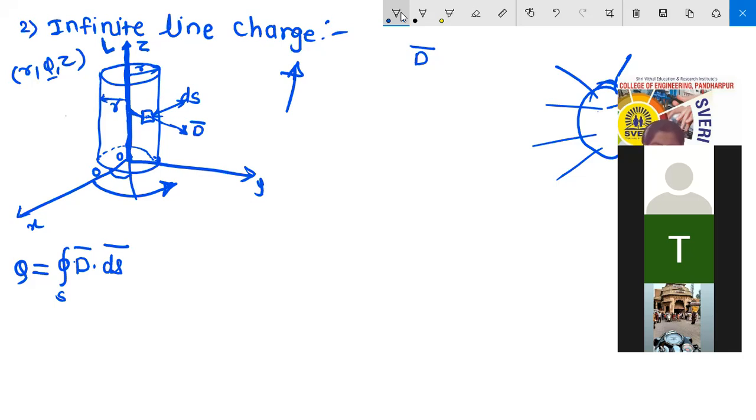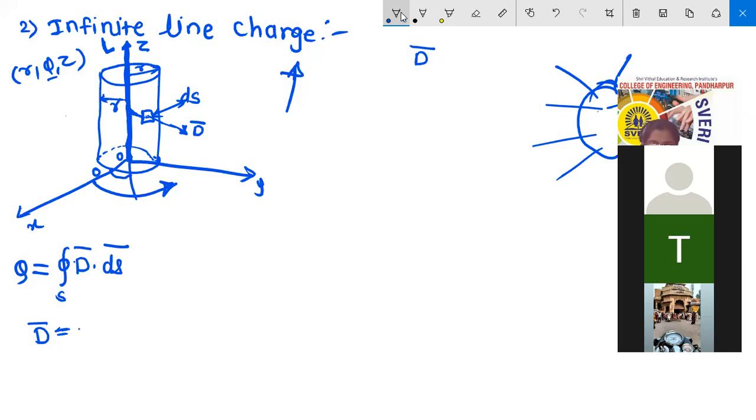So how can we write the equation for D bar? Any vector is equal to magnitude into direction.